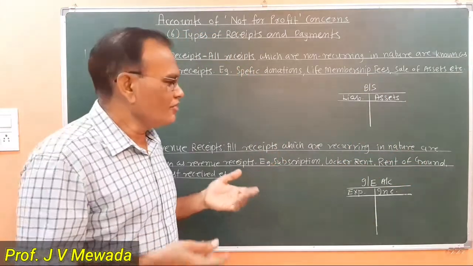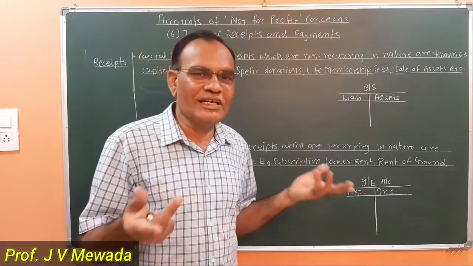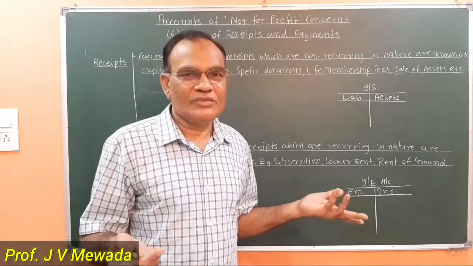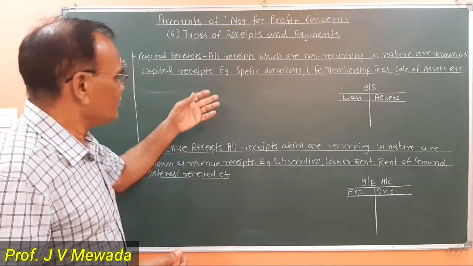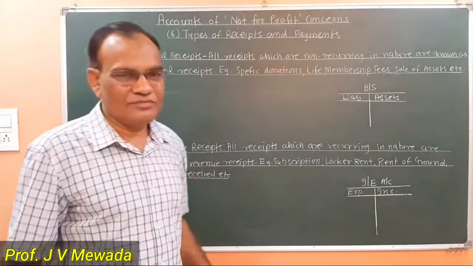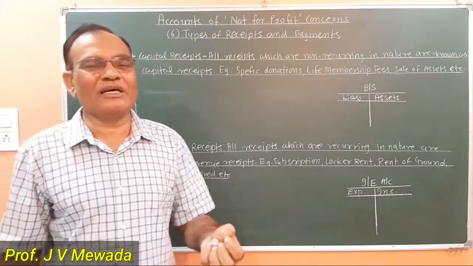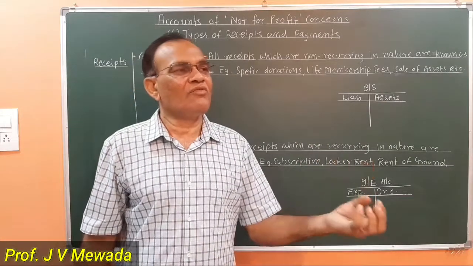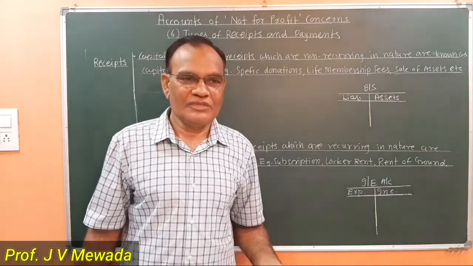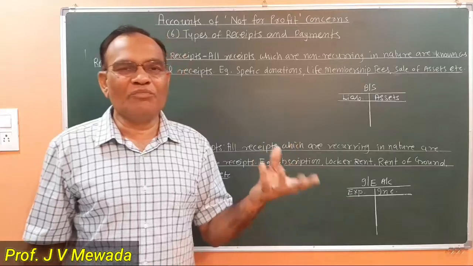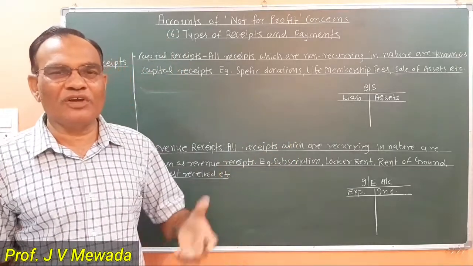On the other hand, we are receiving certain revenues regularly. Say for example, here specific donation. Now specific donation is for specific purpose. Say for example, someone is giving donation for construction of building, donation for computer laboratory, donation for library.